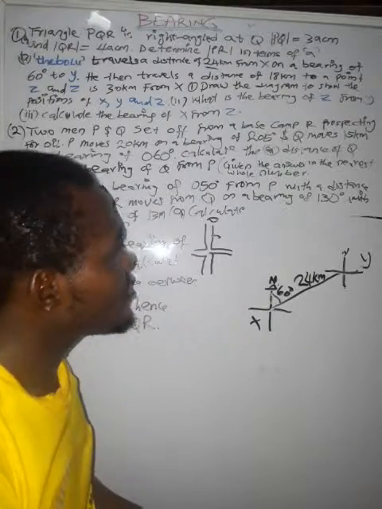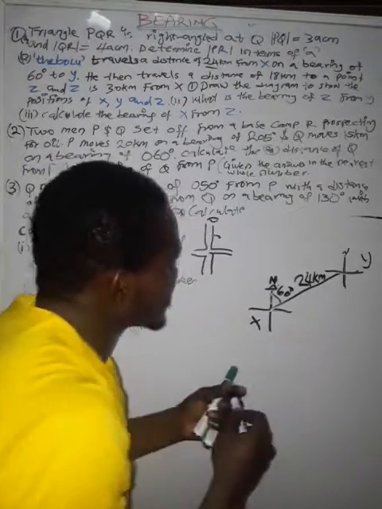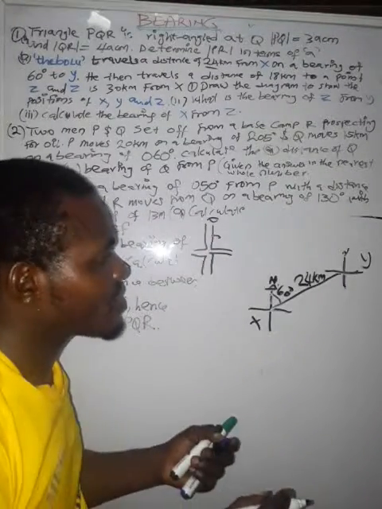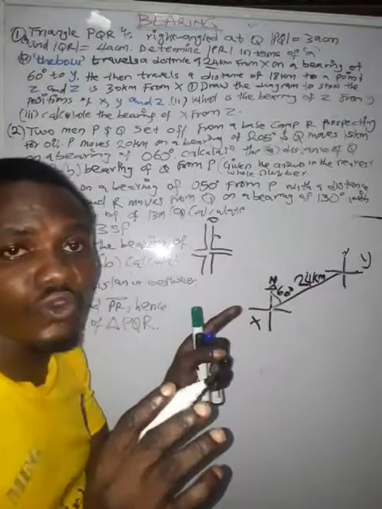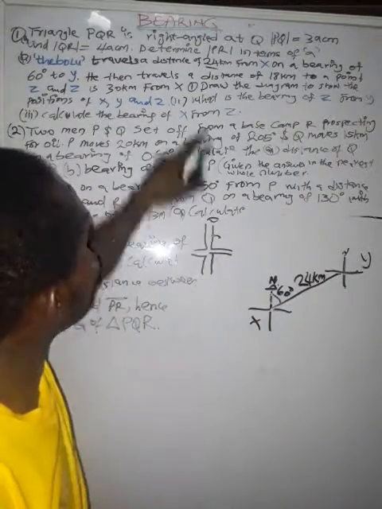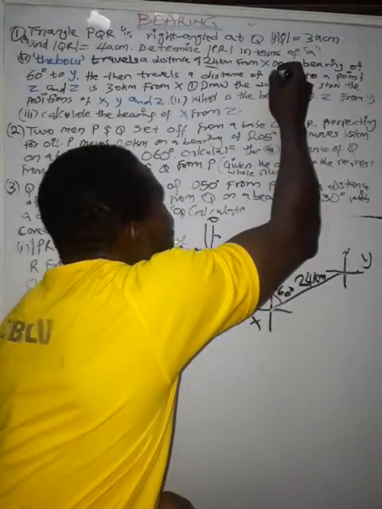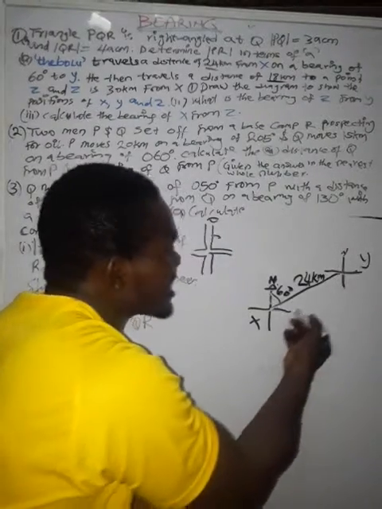You see now, if he travels from a point, look at this, the distance from here to here is just 24 kilometers. And now you move from this Y a distance of 18 kilometers. If you are to draw the distance, how will it be? Should it be longer than this one?